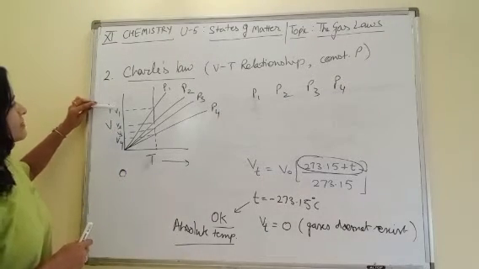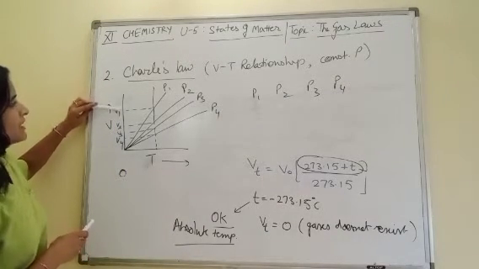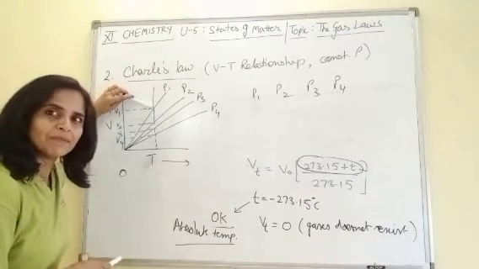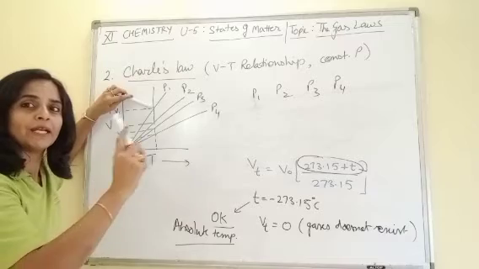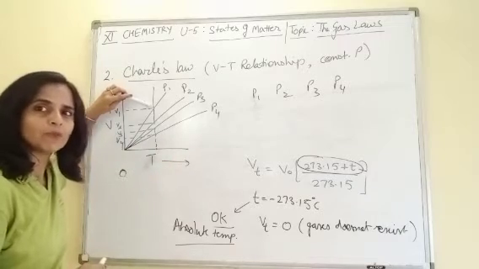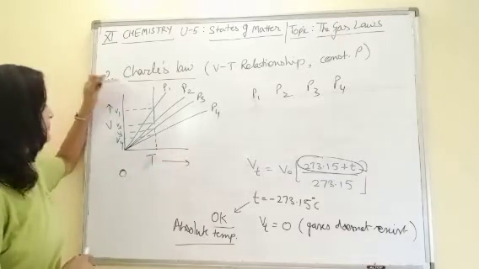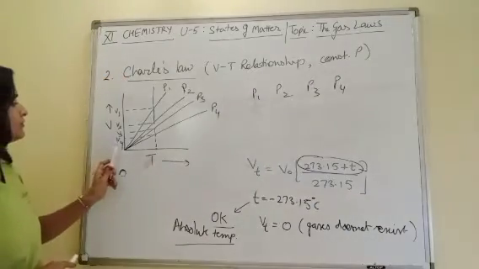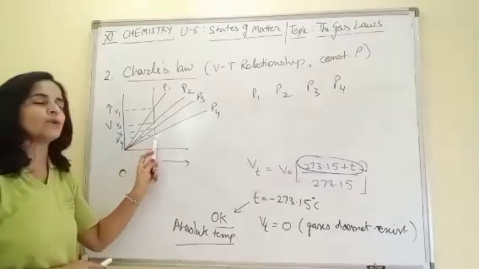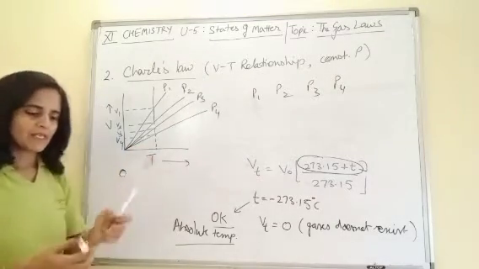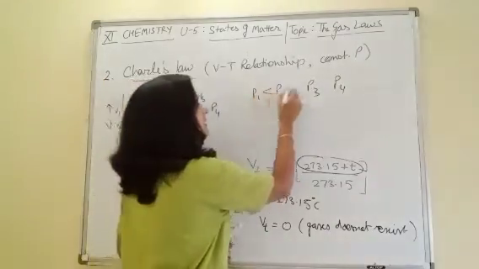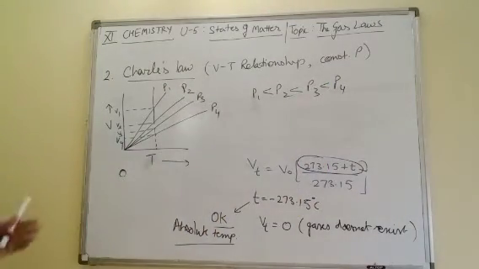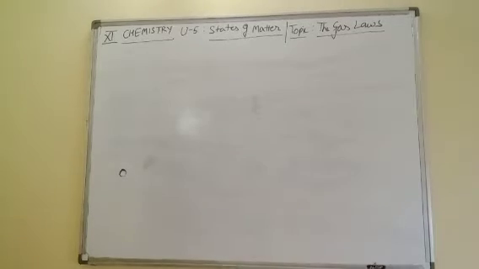V1 is the maximum value. If V1 is maximum, P1 should be minimum, because we know volume and pressure are inversely proportional to each other. It means if V1 is maximum, P1 is minimum, and V4 is minimum, so P4 should be maximum. So the pressure is in increasing order. Understood how to solve questions based on graphs.